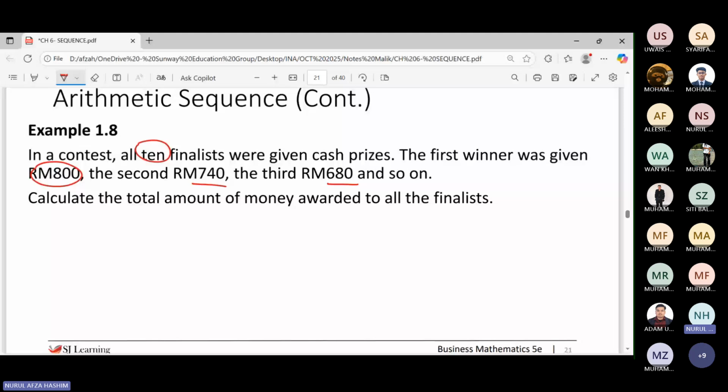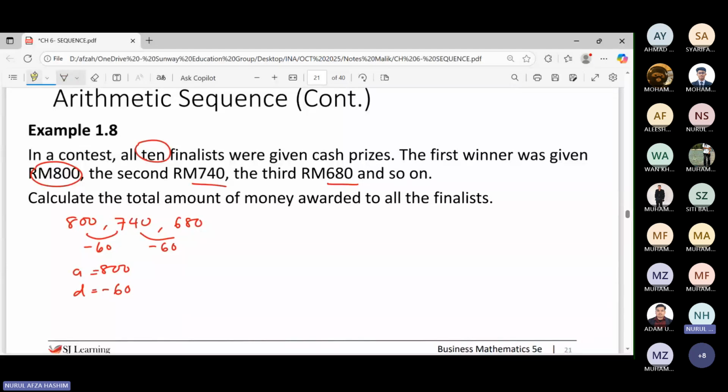The first term is 800, the second term is 740, the third term is 680. So you can see the difference here. Double check, is it the same or not? This is minus 60, this is also minus 60. So from the sequence, you know that A is 800 and D is negative 60.